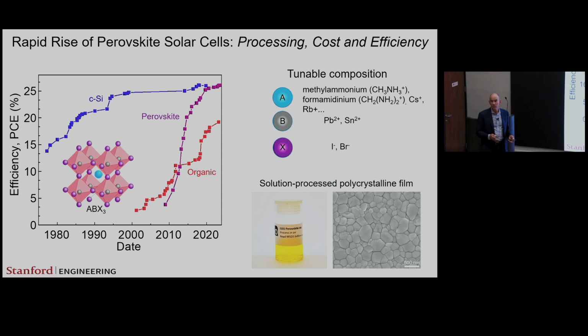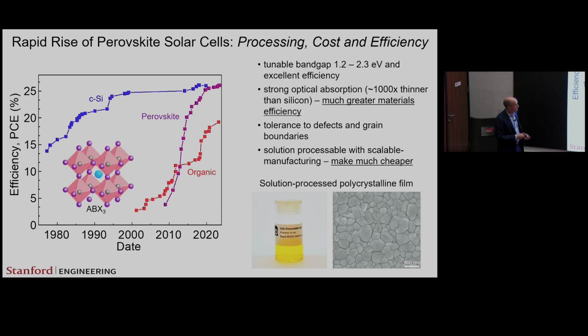Plus, it's solution processing. Unlike crystalline silicon, where you are dealing with much slower and more expensive manufacturing, the potential for solution processing of perovskites is really tremendous, as it was for organic photovoltaics. Other benefits of perovskites are that they're very efficient absorbers, so strong absorption.